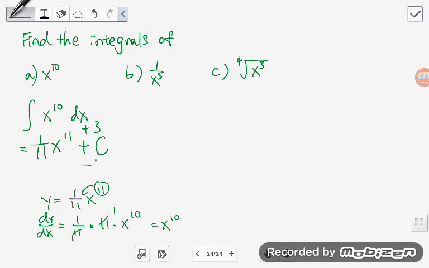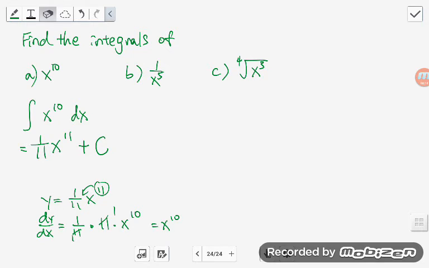I can have minus 5, 1 over 11 x to the power of 11 minus 5. When I differentiate that expression, the minus 5 becomes 0, right? So always put down the plus c, okay? That is a must. Please don't forget that constant at the back.